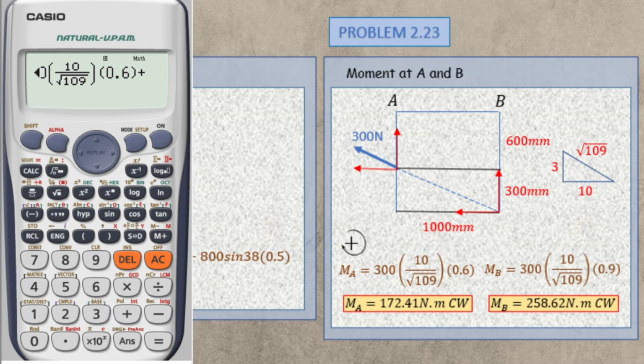That's why it will be positive. So plus 300 sine theta, 3 over square root of 109, multiplied by its moment arm, 1. So it will also give you the same answer.